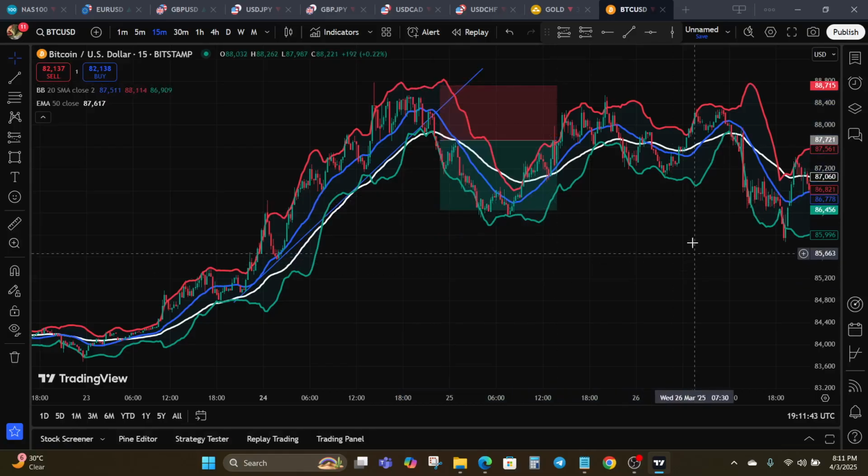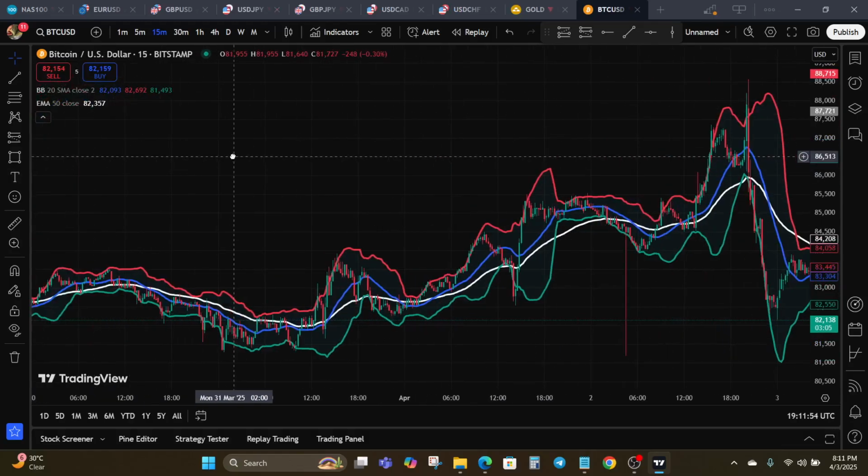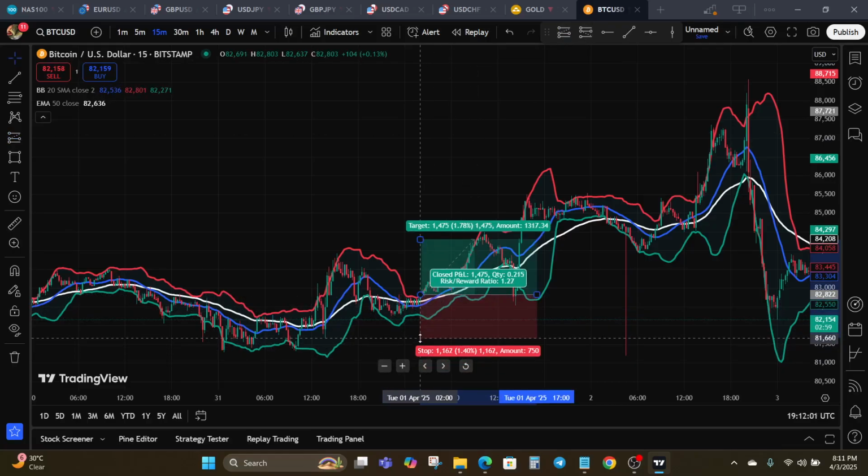So now let's talk about risk management and how to maximize your trade efficiency. For stop loss placement, let's start with buy trades. If you enter a buy trade, set your stop loss below the recent support.